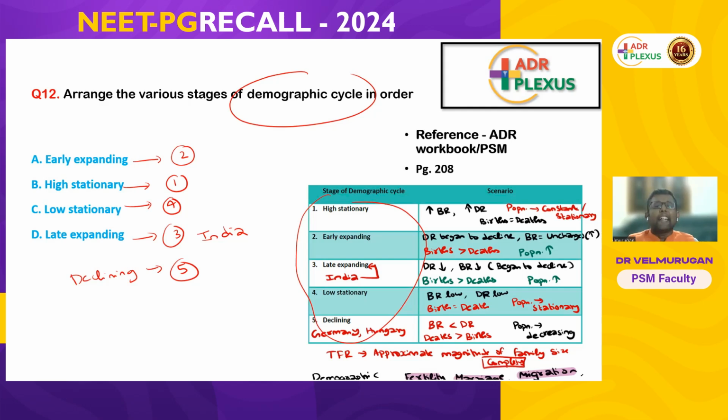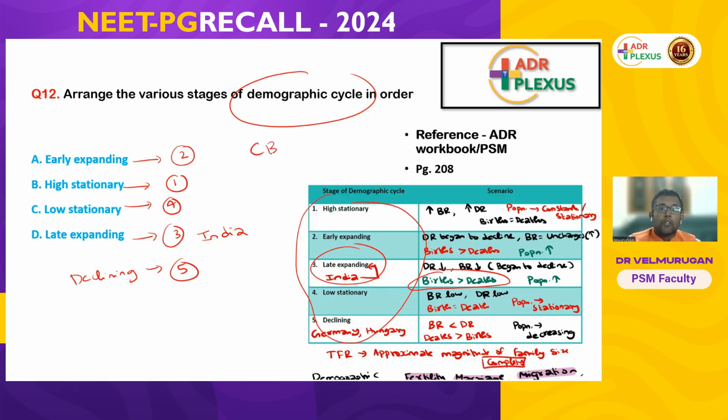Now, late expanding stage, we have a lot of awareness about births. We have to reduce our birth rate. But although we are having awareness, the number of births is so much, more than the number of deaths. Although we have reduced our fertility rates, the births are still so many.